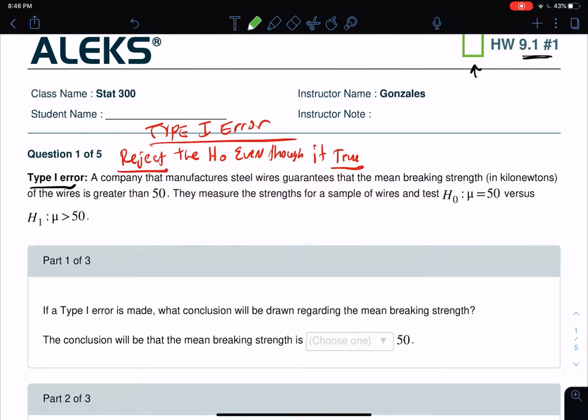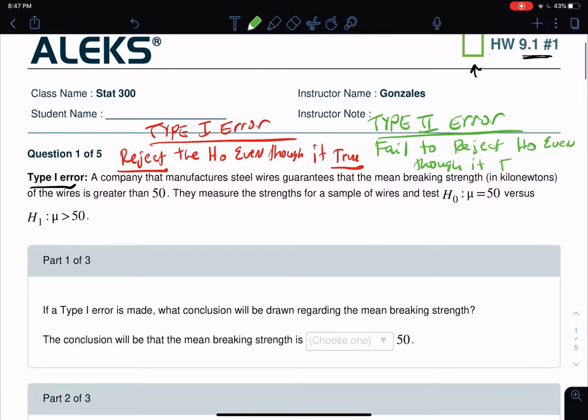And I don't have a whole lot of space here. What is a type 2 error? A type 2 error is when you fail to reject. So you don't reject the H0 even though it's false.